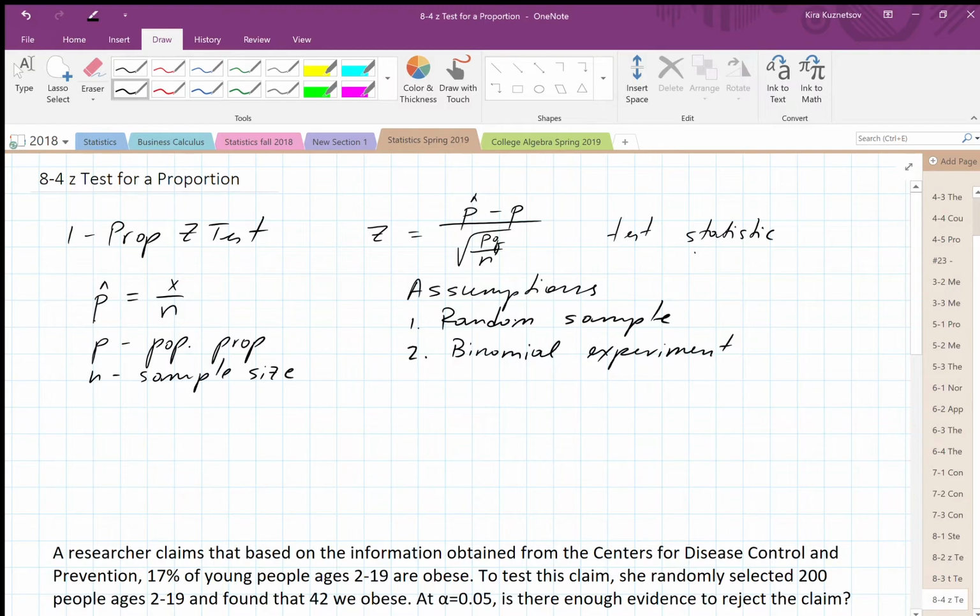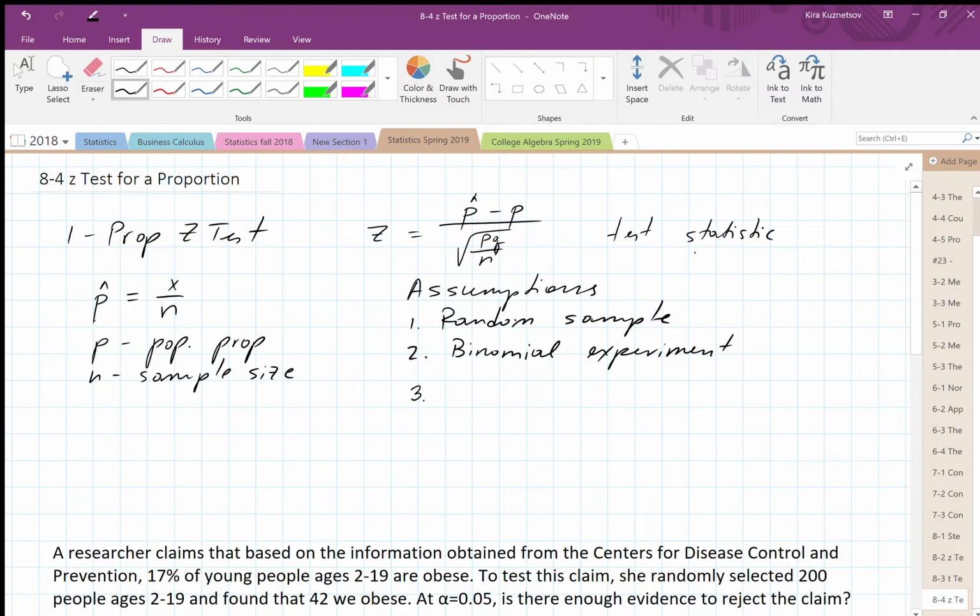So all of the assumptions of a binomial experiment must be met, meaning you asked a yes or no question, and the response is basically divided into two pieces. The responses are independent of one another.